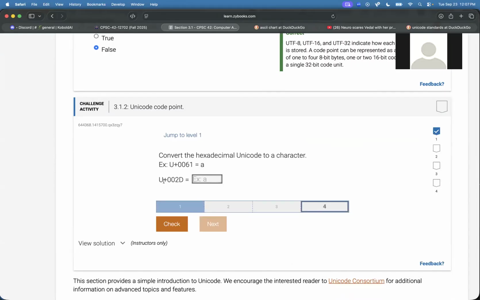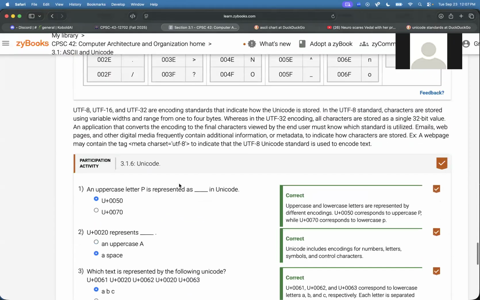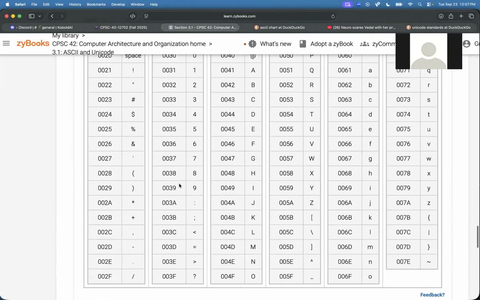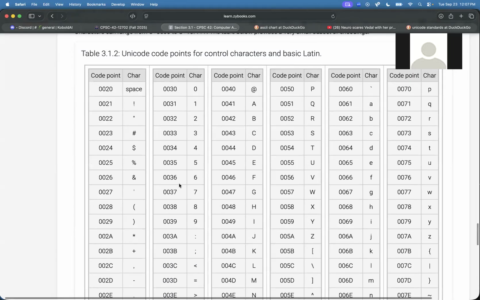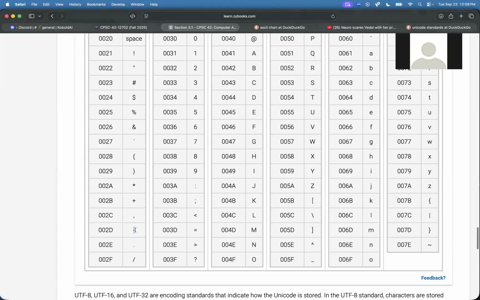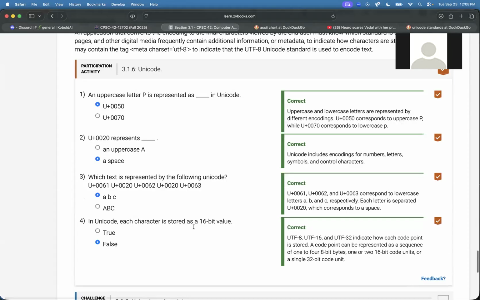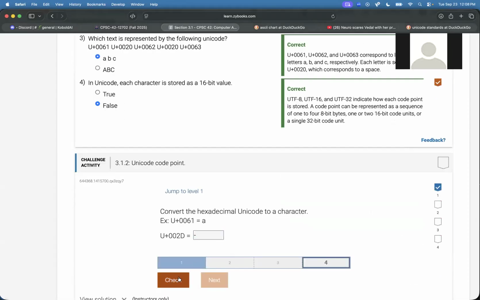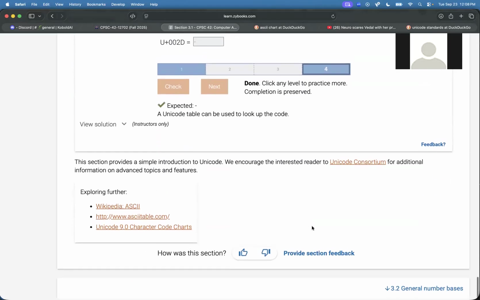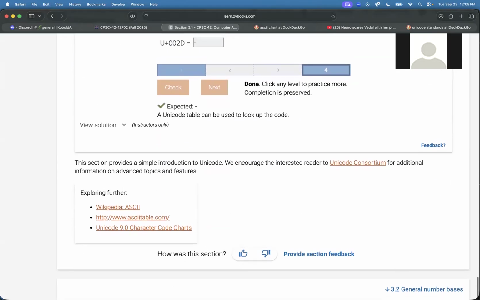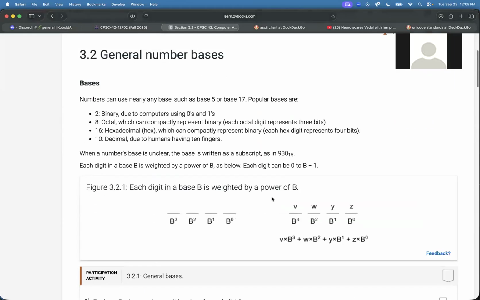What is 002D? Remember, there are going to be letters in there because it's used as hexadecimal, even though we haven't talked about hexadecimal yet. It was a dash, I guess. And there you go.